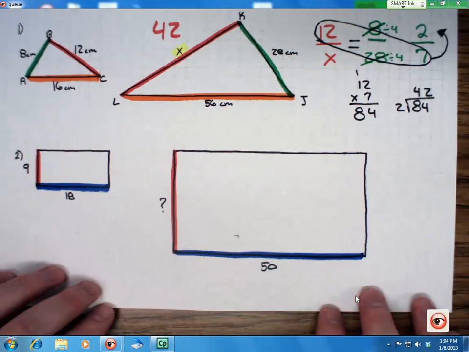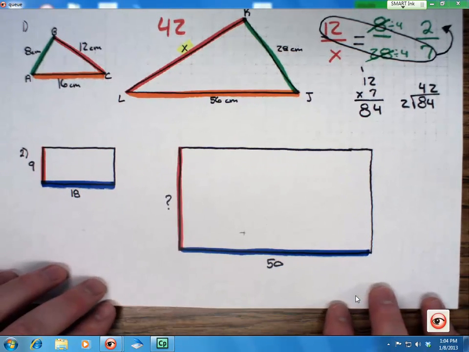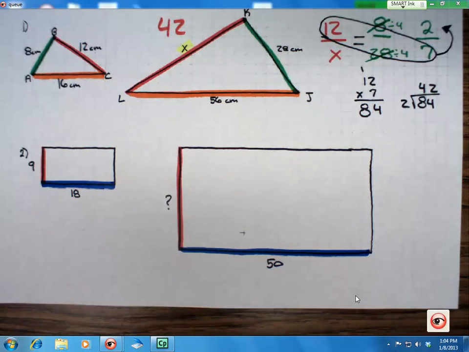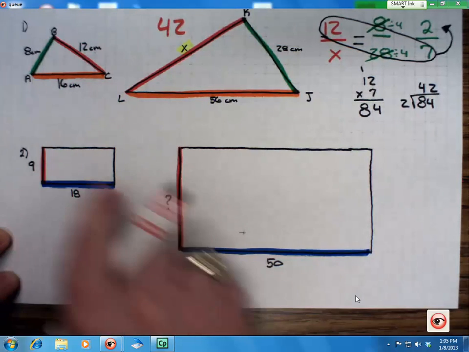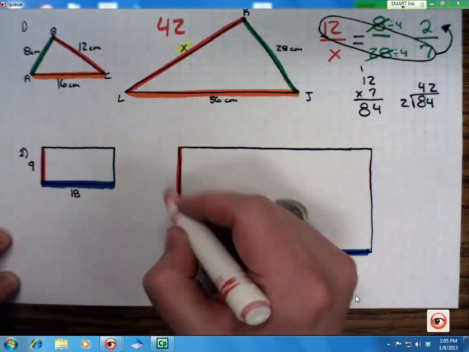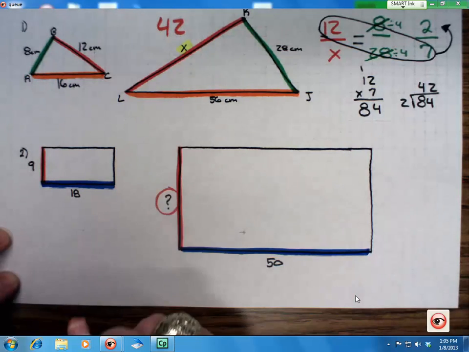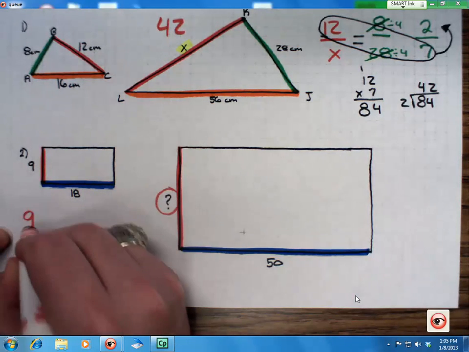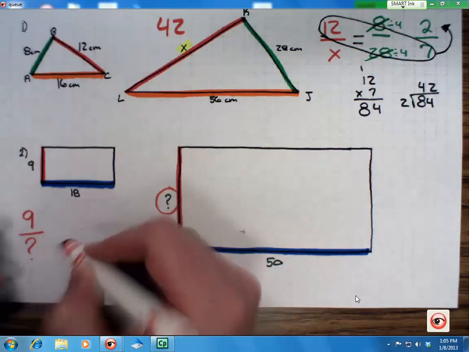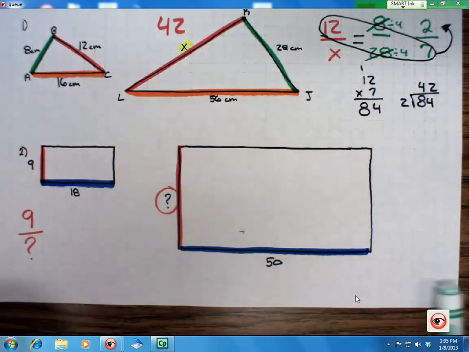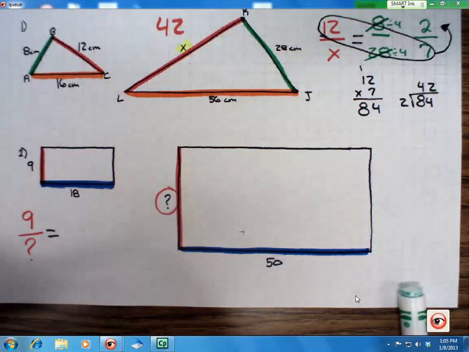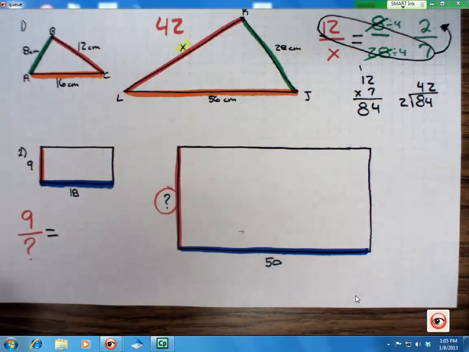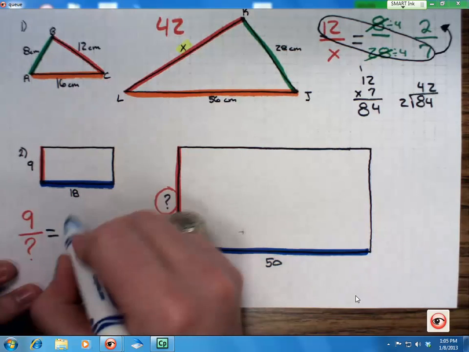Now, once I have my corresponding sides identified, I'm going to set up my fractions just like what I did up top here. So I'm going to start with my red side because that has my unknown, and that's what I'm trying to find. So I'm going to have 9 over my question mark, and I'm going to set that equal to my 18 over 50.